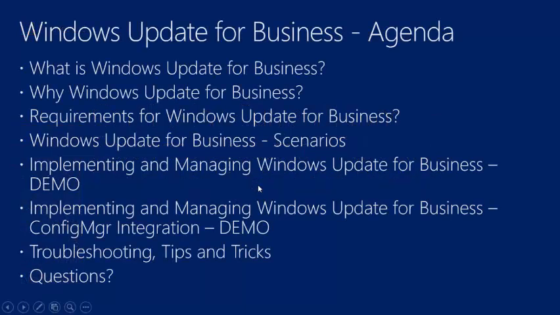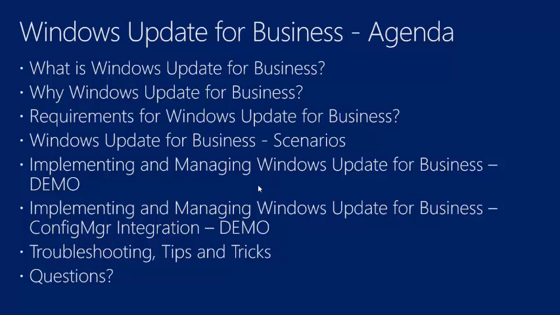A bit of an agenda about what we're going to talk about, a lot of ground to cover. So I want to talk about what Windows Update for Business actually is, why we as Config Manager admins or IT admins really care about it, the requirements for using Windows Update for Business, a couple of scenarios where Windows Update for Business might be useful, really walk through configuring, implementing, managing Windows Update for Business.